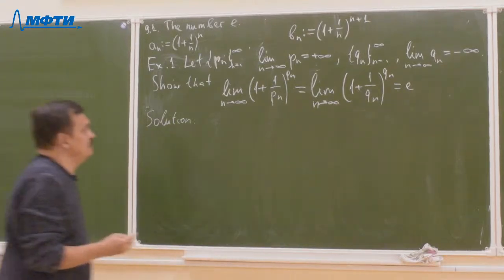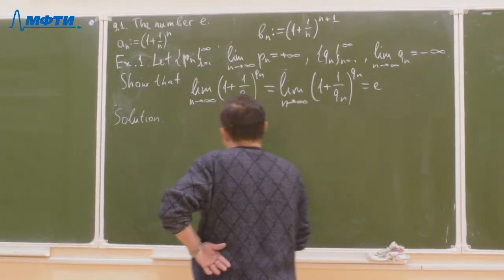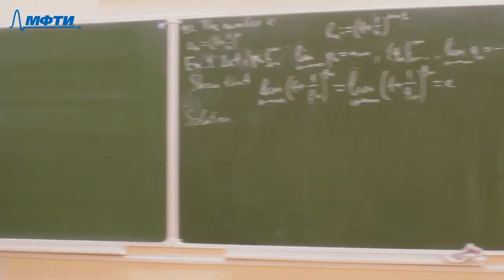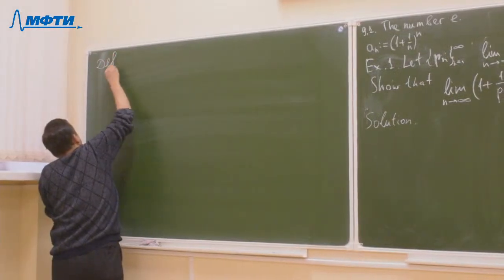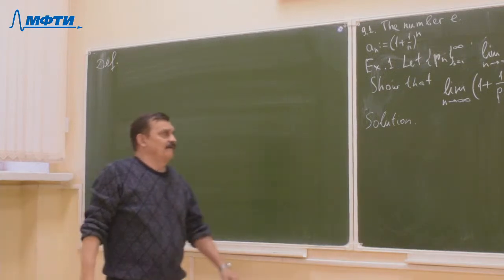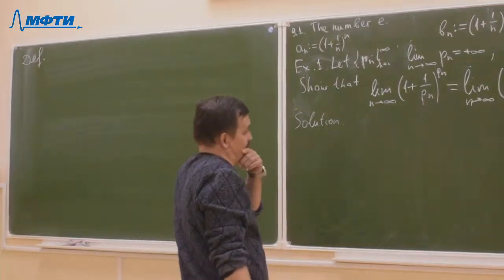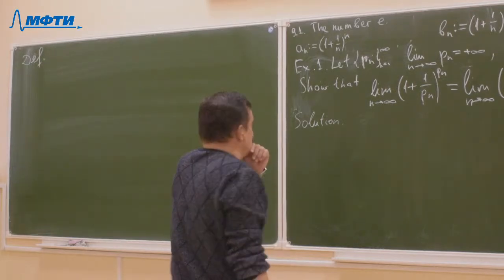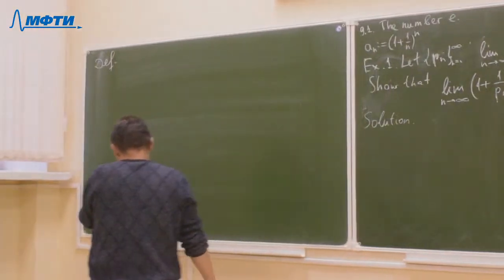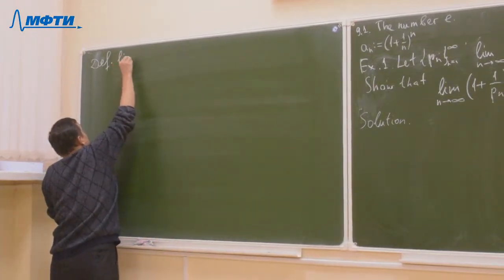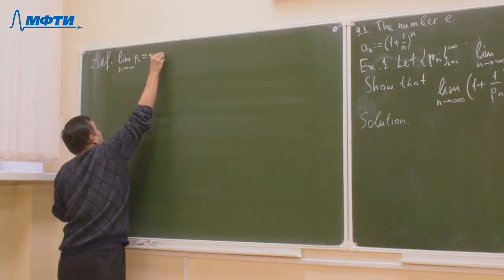So what means infinitely large sequences? Maybe let's firstly give the definitions. So what means the limit of Pn equals to plus infinity?